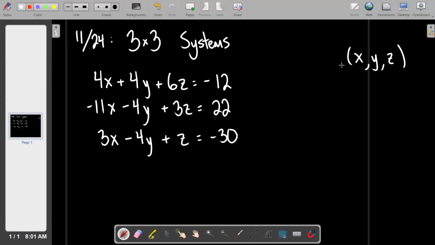So we're not looking for a point on a piece of paper where two lines cross. We're now looking for a point in three-dimensional space. Those of you that play Minecraft would recognize how the XYZ coordinate space works, right? Do you guys play Minecraft at all? A little bit?